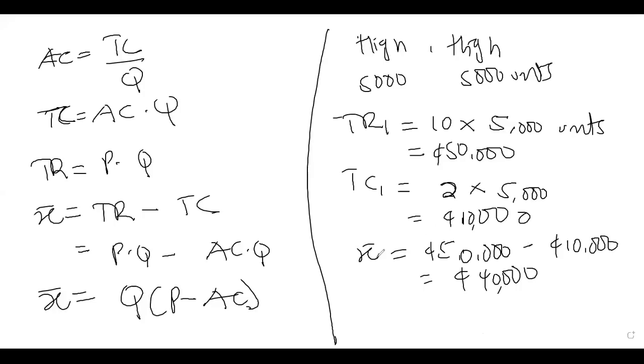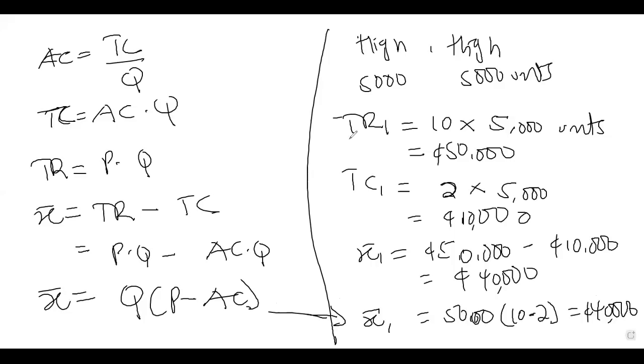We could have alternatively used this formula. So profit is equal to the quantity, which is 5,000, into bracket the price, which is 10, minus average cost 2. When you do this, you get 40,000 straightforward.